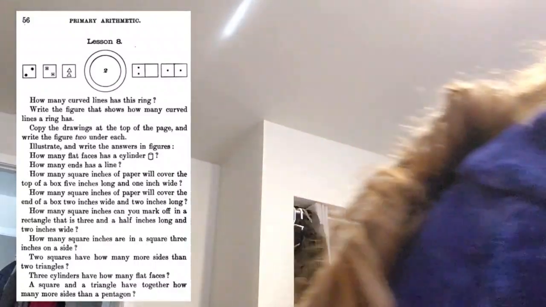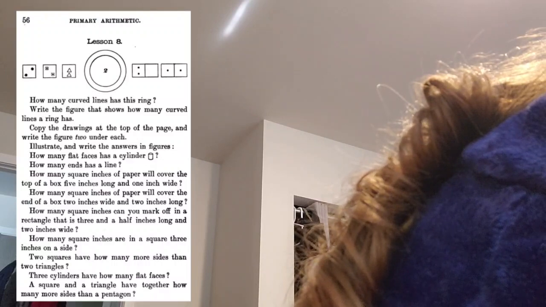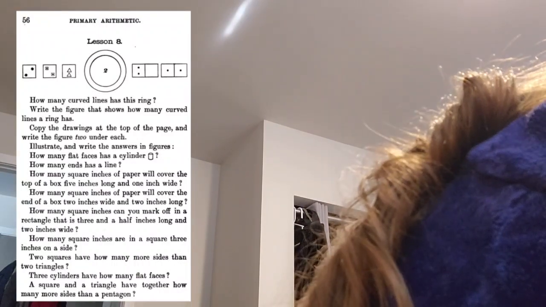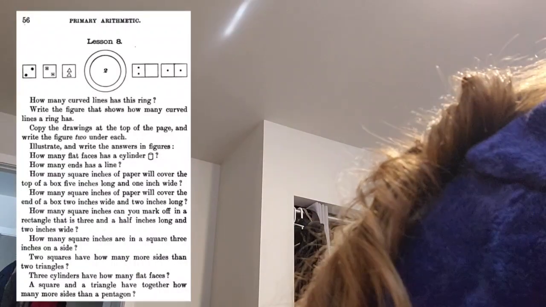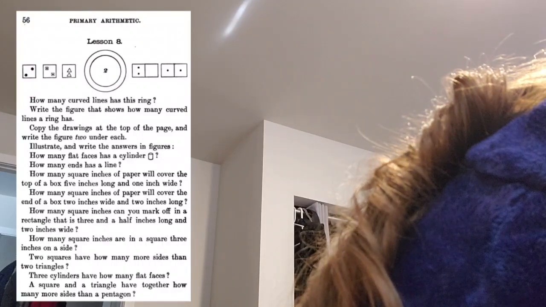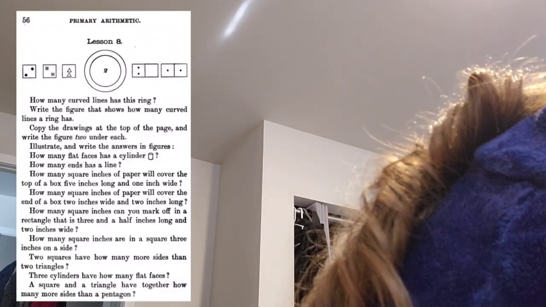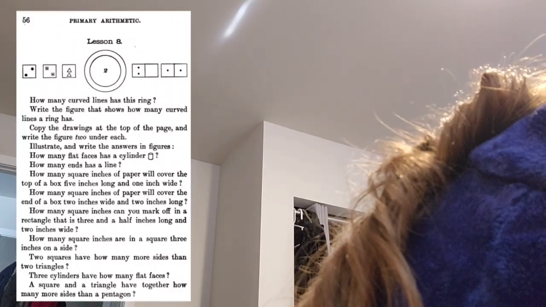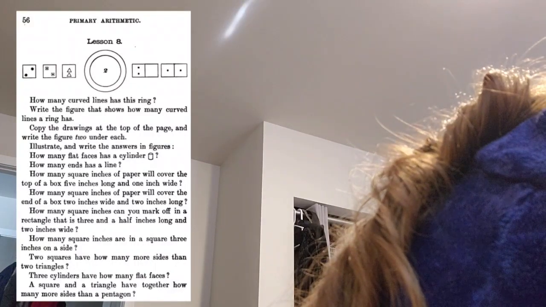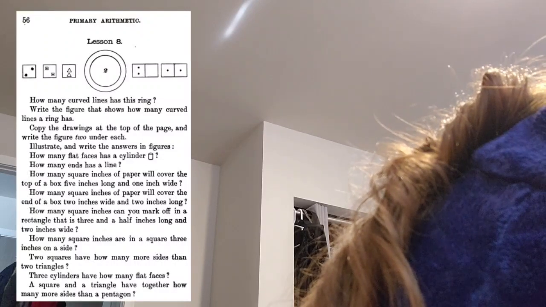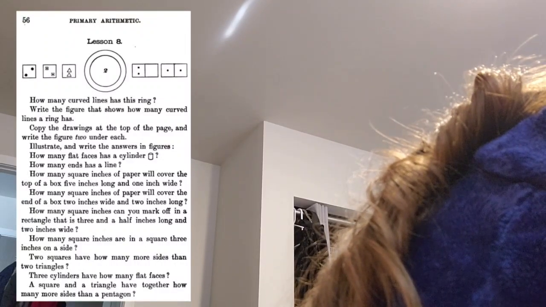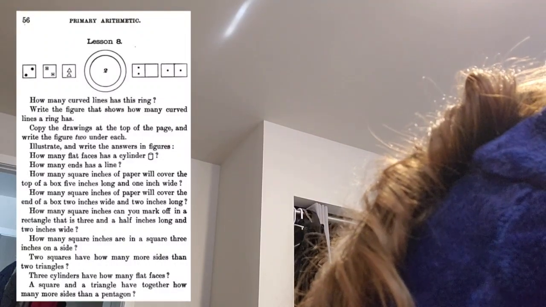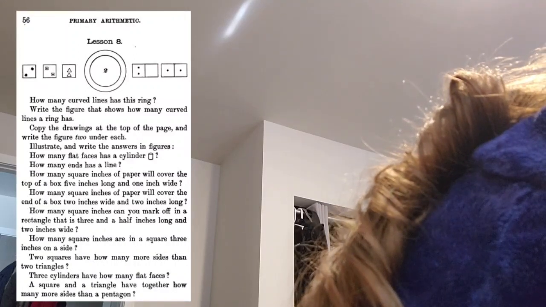Okay, the next one says, where did it go? Here it is. How many square inches of paper will cover the end of a box 2 inches wide and 2 inches long?